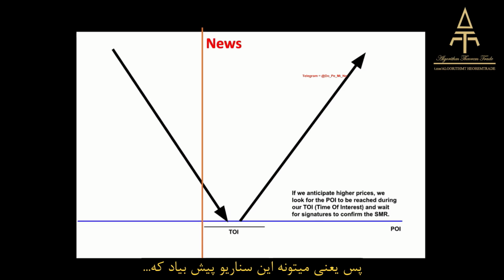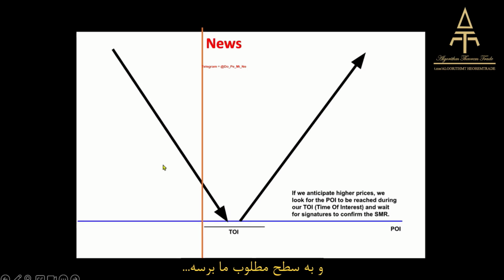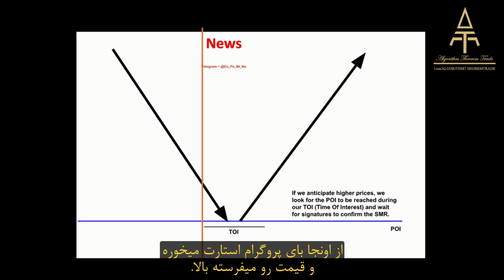So that means that initially there can be, if the news is bearish, a leg lower. But that leg lower follows that higher time frame order flow into that price level that we've been waiting for, and from there on a buy program unfolds, sending price higher.